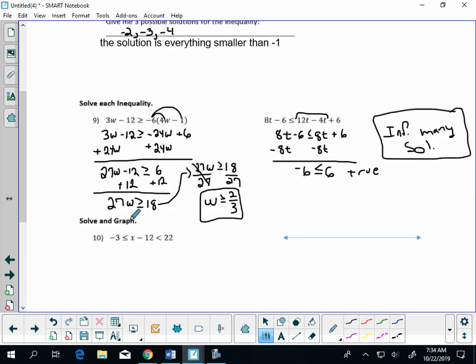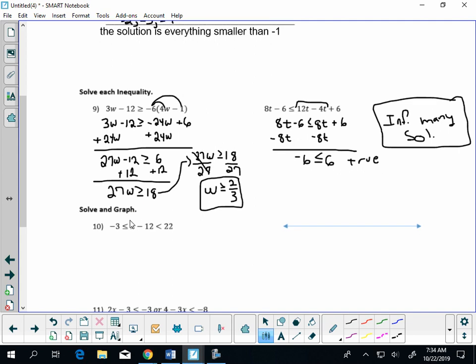Probably all real numbers would have been the best thing, but I've already got that written down. All right, number 10, we have a compound inequality. We actually have three sides here, the left, middle, and right. I want to get that x in the middle by itself, so I'm going to add 12.